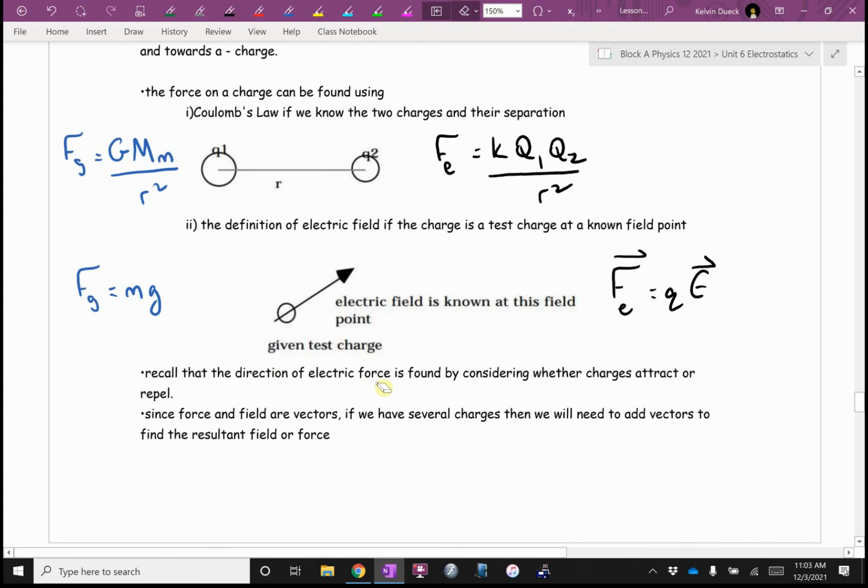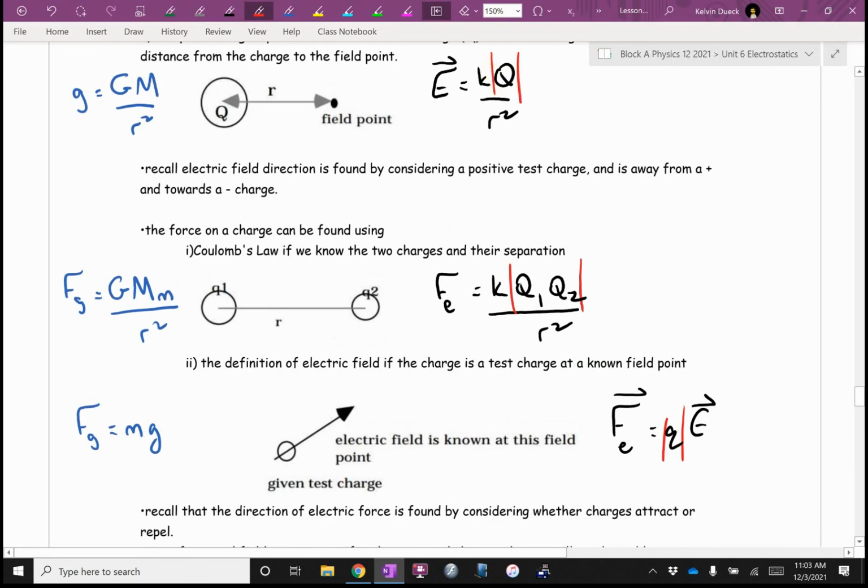Remember, the direction of electric force is found by saying like charges repel, unlike charges attract. So for all of these, technically, there are absolute value signs in them. We decide the direction, not with negative or positive, but for forces by saying like charges repel, unlike charges attract. For electric field, which way would a positive at that location want to move if it could?